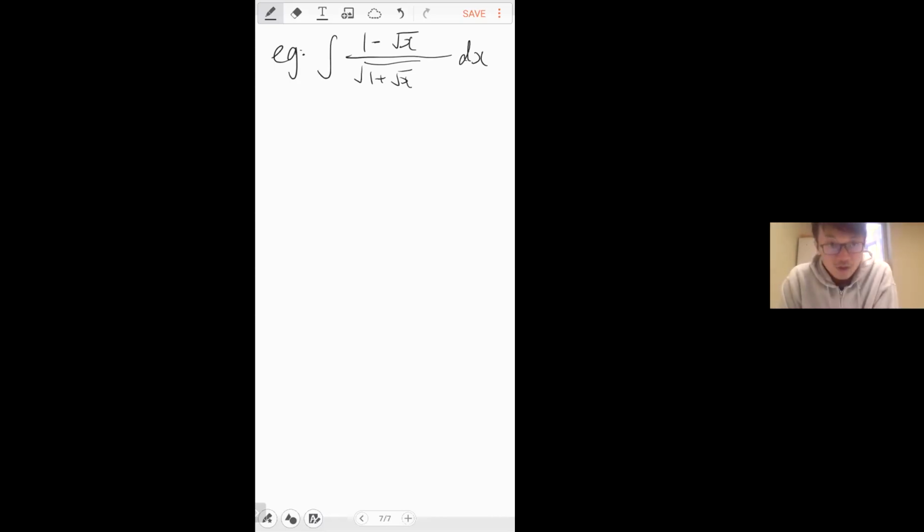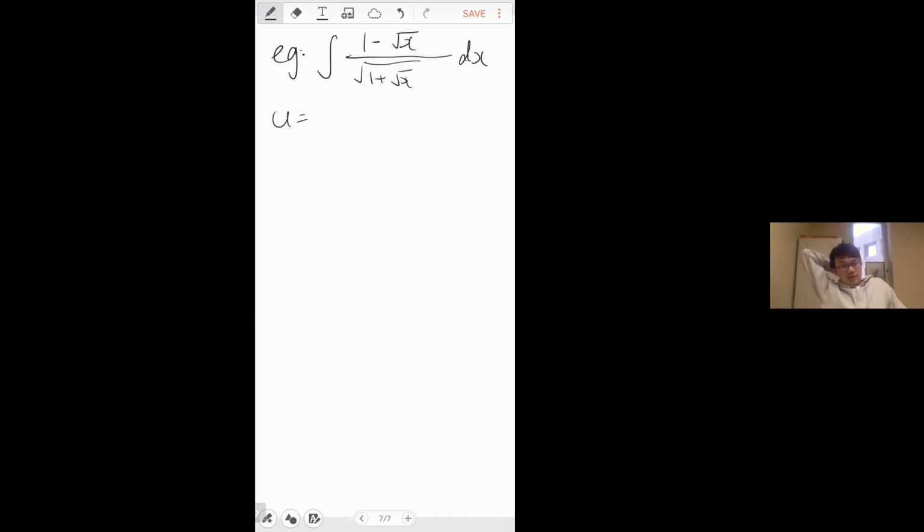So I have the integral of 1 minus root x divided by the square root of 1 plus the square root of x. What do you think I can take my u to be? Any ideas?